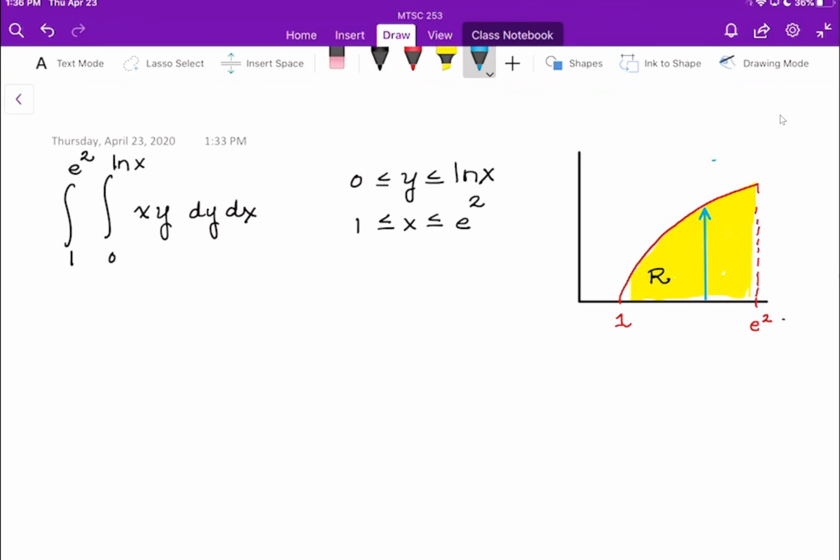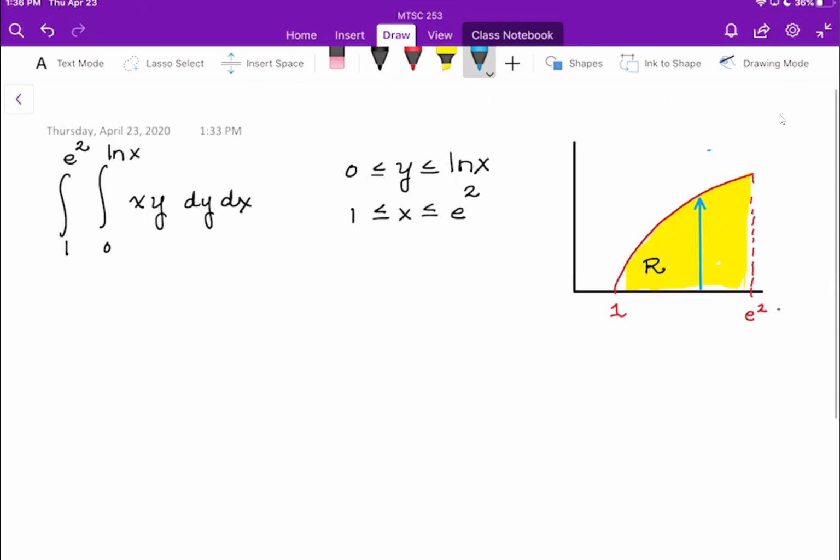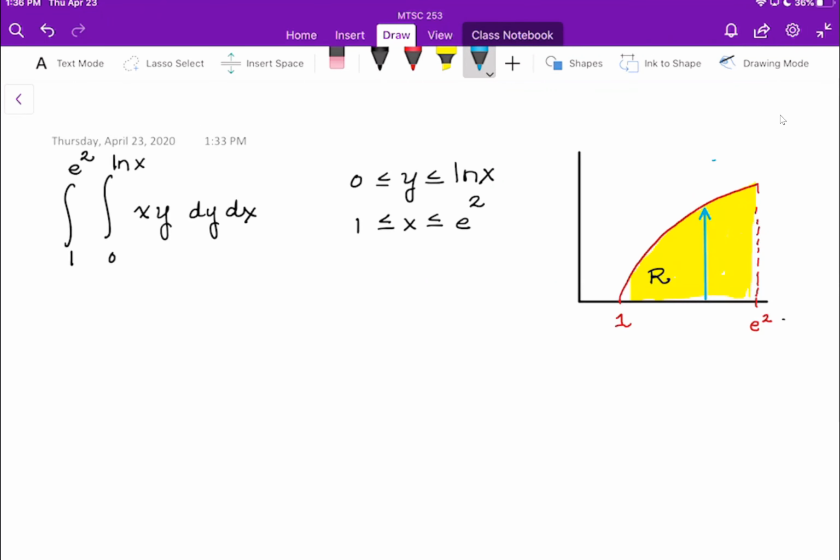Okay, if we were then computing this, let's switch the order of integration. To switch the order of integration, that means I would fix a y and see where x goes from. If I fix a y, I would see that x would start at this curve and go to that.